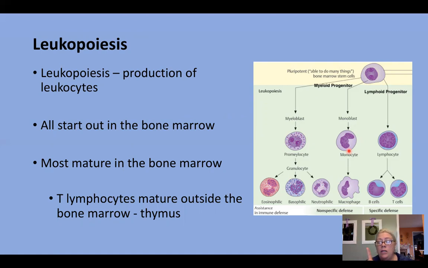However, there's one leukocyte that does not mature inside of the bone marrow. It actually leaves the bone marrow, moves somewhere else, and undergoes maturation. And these are the T lymphocytes. T lymphocytes are going to mature outside the bone marrow, in an organ called the thymus, and the thymus lays right on top of the heart.